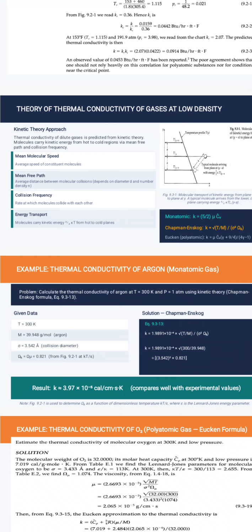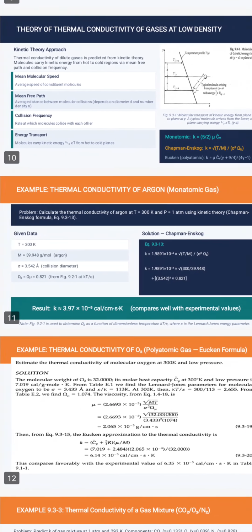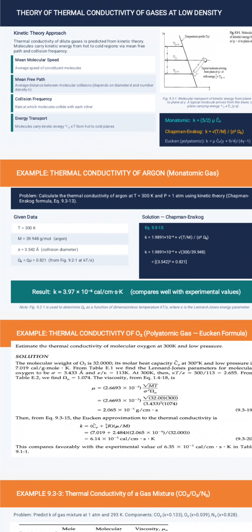From figure 9.2 at kT by epsilon, we get it as 0.821. So K, from solving it and putting it in the Enskog equation, we get K as 3.97 times 10 to the power minus 5 calorie per centimeter per second per Kelvin.